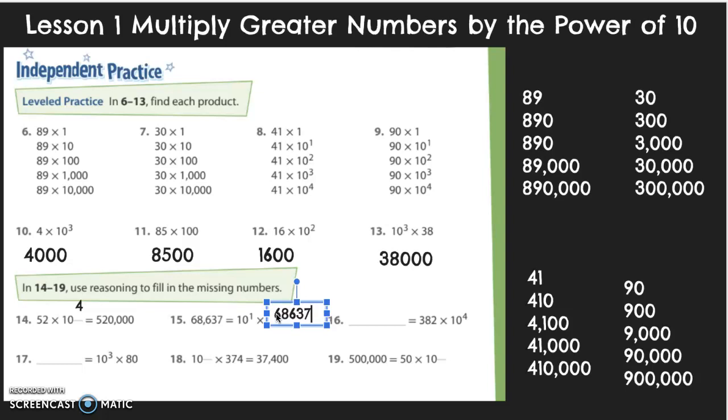But if we're going 10 to the first, that means we're going to get it bigger. So the answer would actually have to be smaller. Let's make sure that is not a decimal, right? That is a comma. I'm taking it that is a comma and not a decimal. Okay? So this is the answer because the equal sign is here. And they're saying 10 to the first times what is going to give us this answer. And we would want to put a 0 at the end.